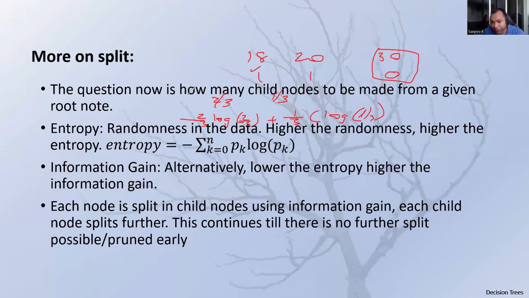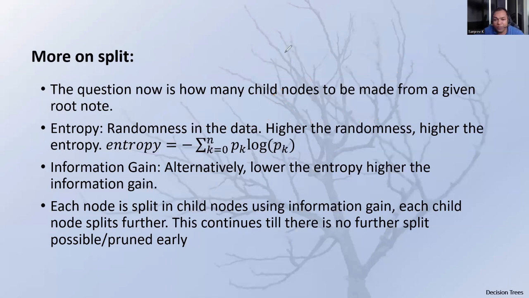You don't have to run into calculating entropy and all. When we use Python and try to apply the model, the decision tree will use this formula inbuilt to do the splits. All we have to decide is how many splits we have to make and how many child nodes we have to make. So even that is a parameter.